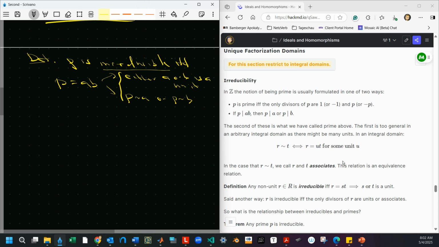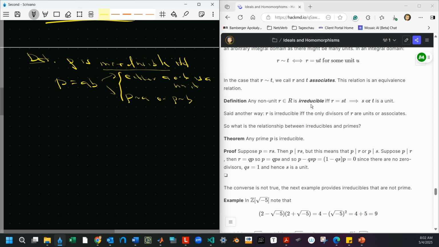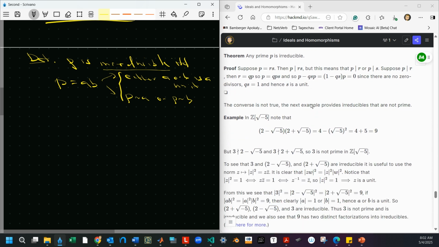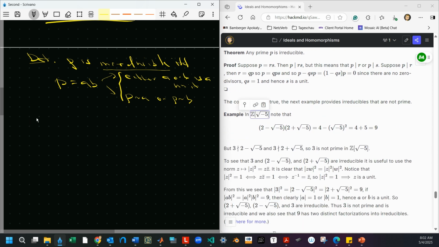And let's see. I'm going to try to follow my notes here a little bit carefully. So one thing is this, that P prime implies P is irreducible. Okay.